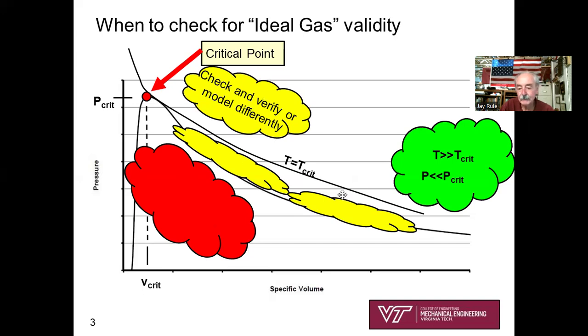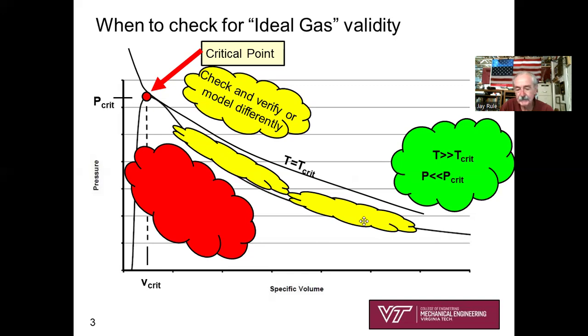So the yellow is the region where you have to worry a little bit. When you're in the neighborhood of the critical point, you have to start worrying. So you're going to have to check your critical point against where your state is. Also, the closer you are to this vapor dome, the more you have to worry, because you run the risk of becoming a saturated mixture down in here.